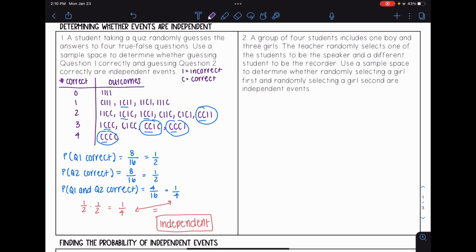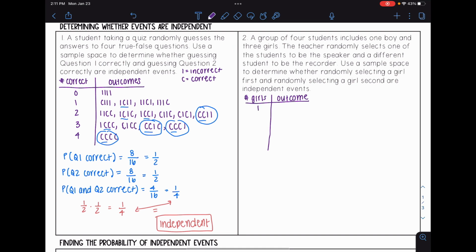So I'm going to make a table, and I'm going to have number of girls, since that's the probability I'm trying to find, and then my possible outcomes. So I'm going to use B for boy, and then I'm going to use G for girl, but then I'm going to have a subscript for whether it's the first girl, second girl, or third girl.